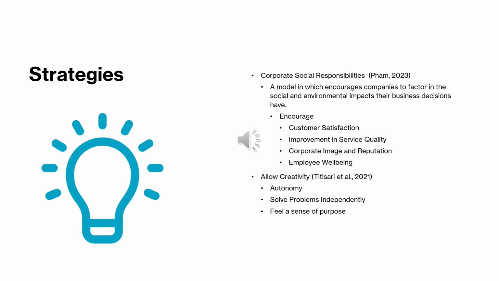And so some different strategies to consider would be corporate social responsibility. This is a model that encourages companies to factor in the social and environmental impacts their business decisions have. Some things to encourage would be customer satisfaction, improvement in service quality, corporate image and reputation, and employee well-being.